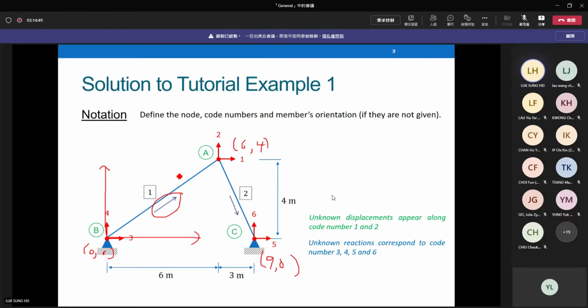The arrow points to node f. The other side should be node n. Same for element 2, f and then n. So once you set up the code number diagram and member orientation, you basically know all the symbols. You can mark them down on your picture, on your answer book if you like.